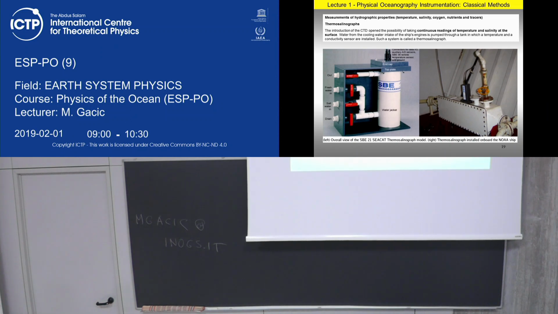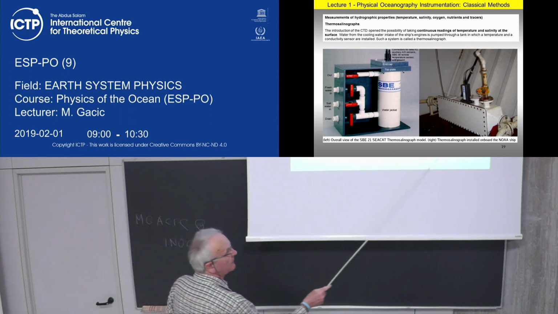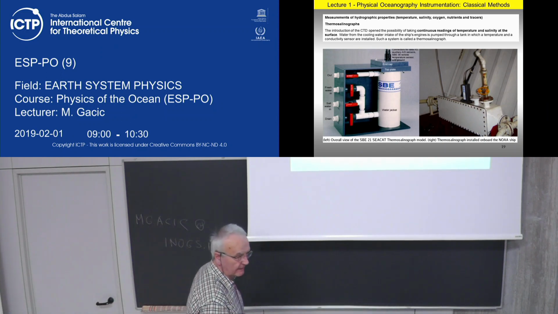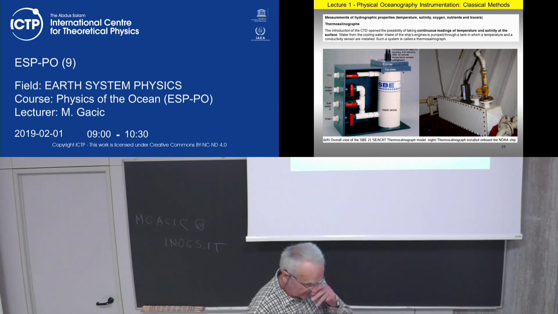This is good because you have continuous measurements, but it is only at a single depth, because it is installed at a certain point where the ship takes the water. For example, they are installed on board NOAA ships, but also on our ship Explorer. This is very good.